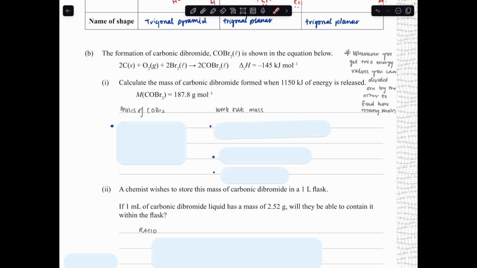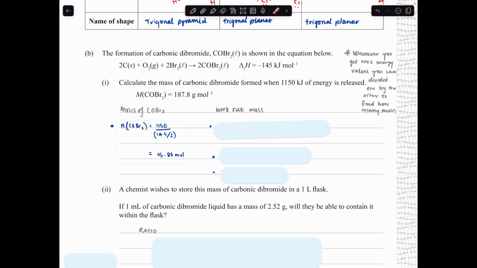As I said before, we've got 2 energy values. If we divide one by the other, we are going to get the number of moles of carbonic dibromide. So how do I know what's being divided by what? It is going to be the wanted energy, the one that's in the question, divided by the energy that is in the actual equation.